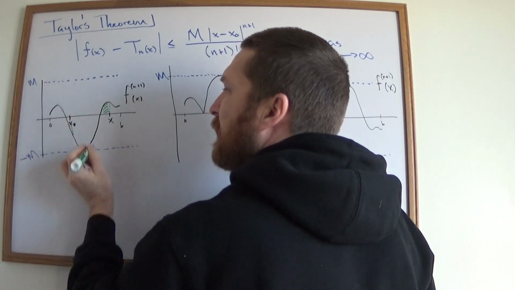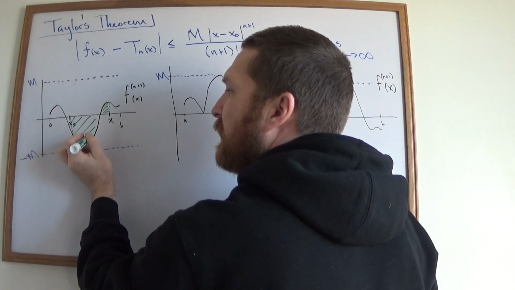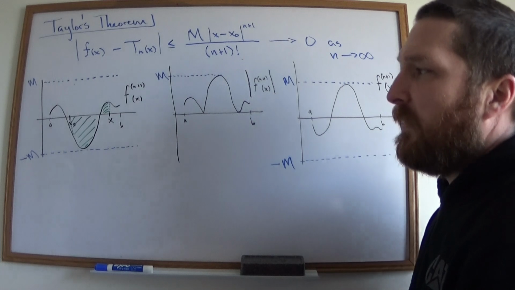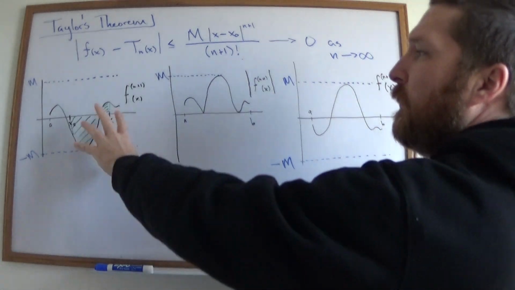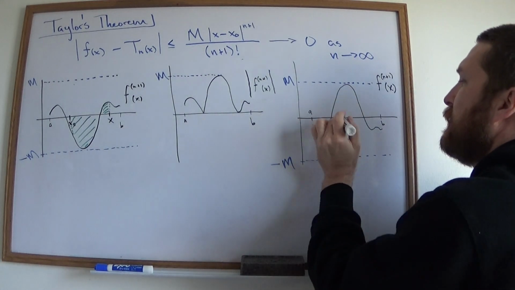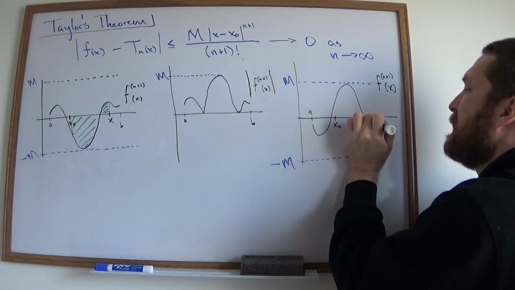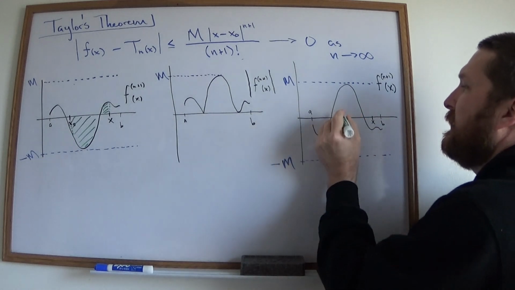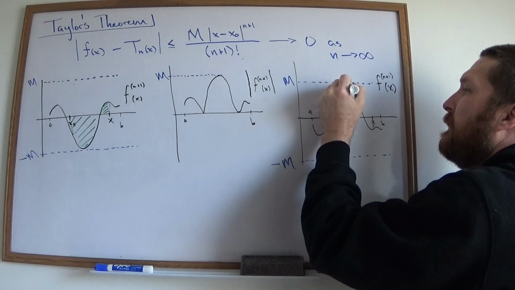There's this positive area there, and this negative area here, and we want to try to get a bound on that. I'm going to do this over here too. Here's x0 up to x, and the area that we're trying to figure out is this guy right here.